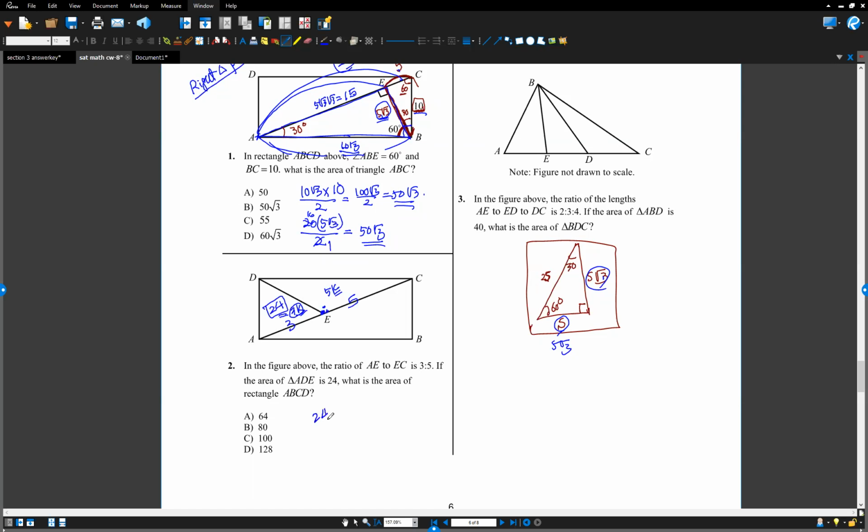24 equals 3k. k equals how much? 8. Using this k, you can find the other area. The other area will be 5 times k. k is 8, so it's going to be 40.